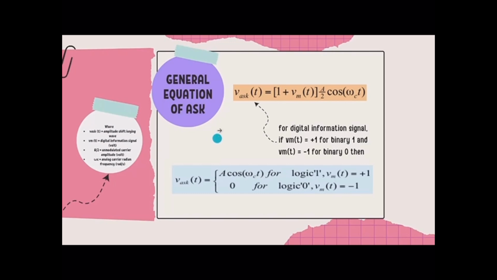The highest amplitude that the ASK wave can get is A, while v_m is the digital information, which is our data that needs to be transmitted.